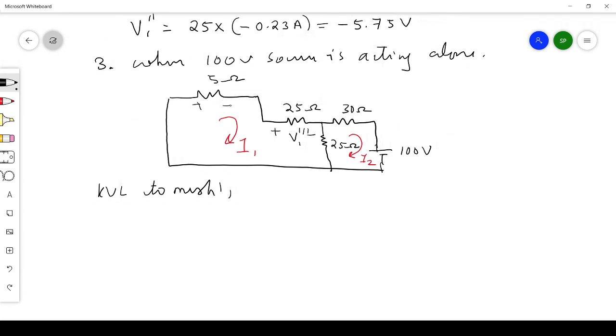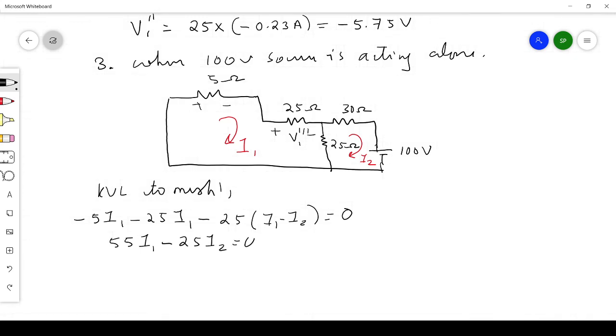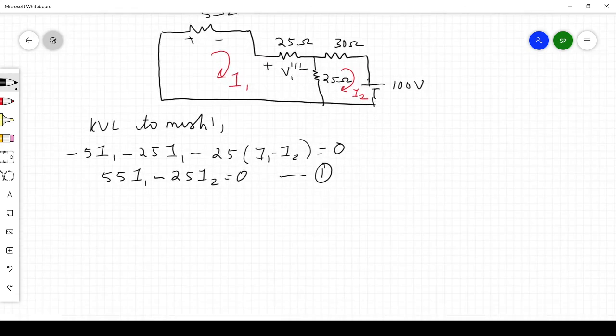This is plus, this is minus, so minus 5I1 minus 25I1, then minus 25 into the current through this 25 ohm, which is common between two meshes, so it is I1 minus I2, that is equal to 0. Simplifying, you get 55I1 minus 25I2 equals 0, that is equation 1.